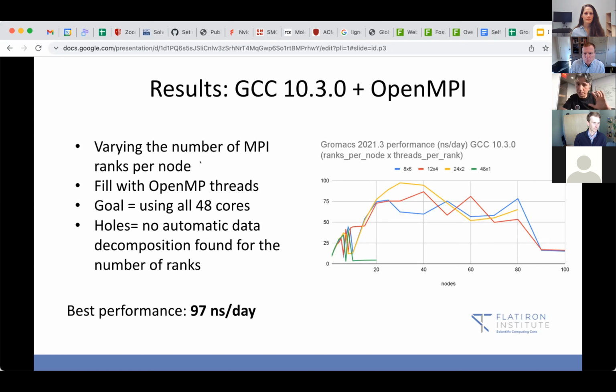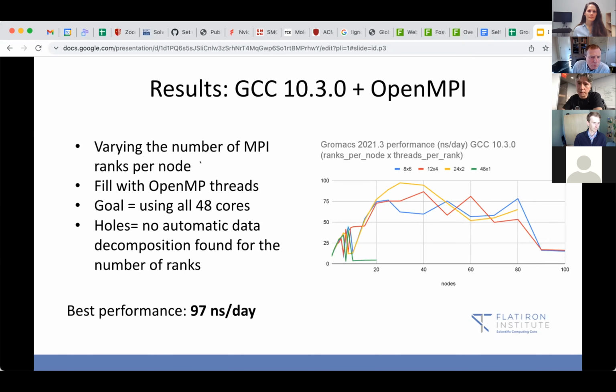Sometimes there are holes in the data. That's because Gromacs cannot by itself find a good decomposition of the problem with the number of cores I'm passing it. Here the total performance is about 97 nanoseconds a day of simulation. That's the max I was able to get.